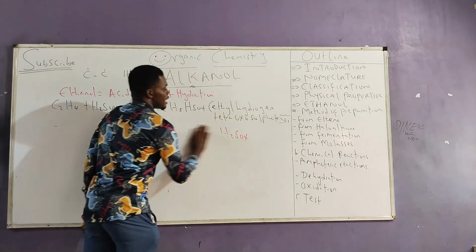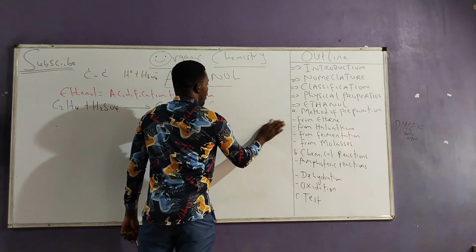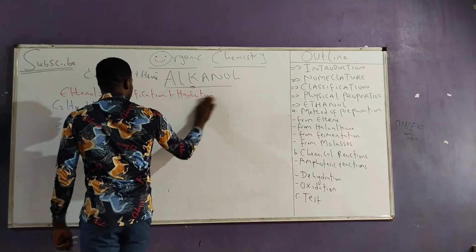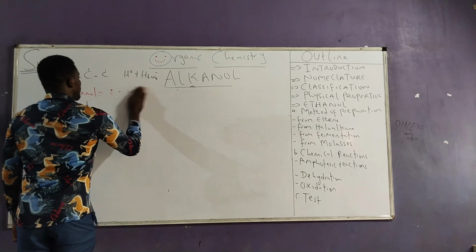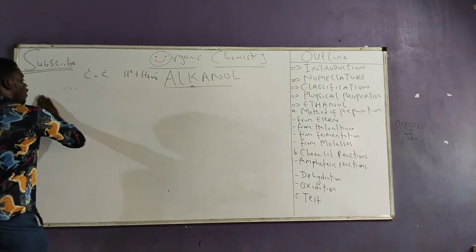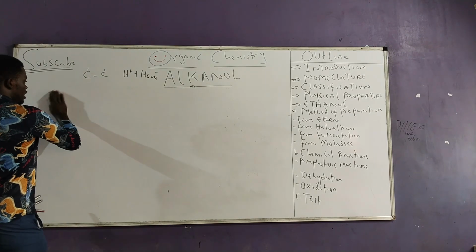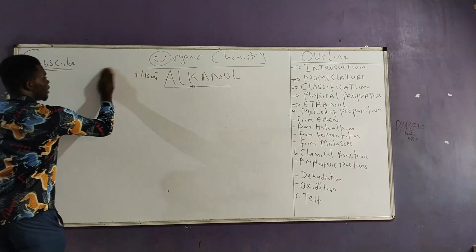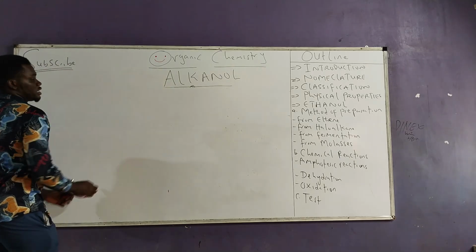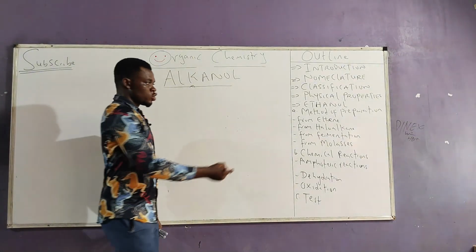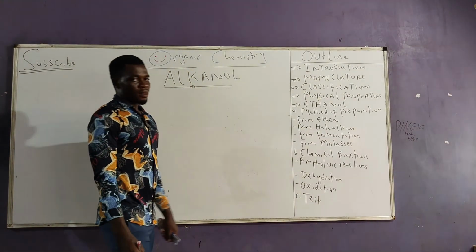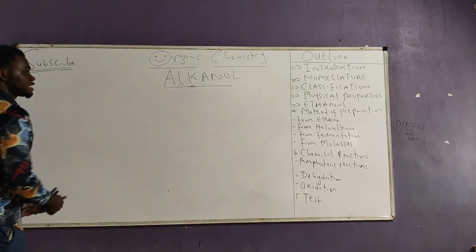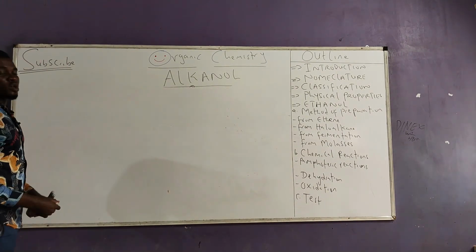I can also prepare ethanol from haloalkane. So like I said, because alkanols share a similar general method of preparation, I just need to change a little bit of things and I can form any member of the alkanol homologous series that I want to form. So I can prepare it from a haloalkane by reacting a haloalkane with sodium hydroxide.